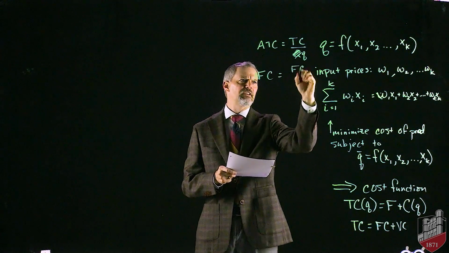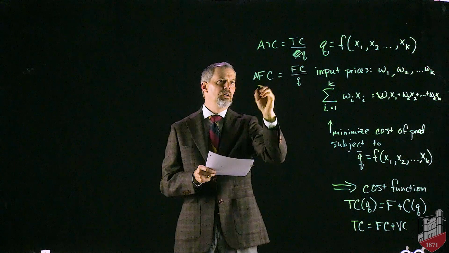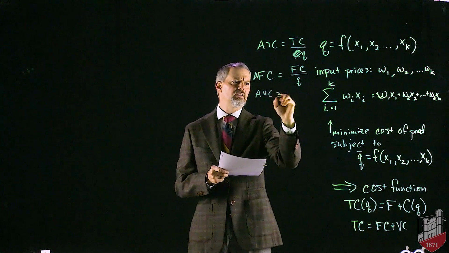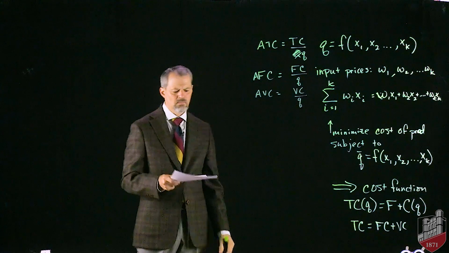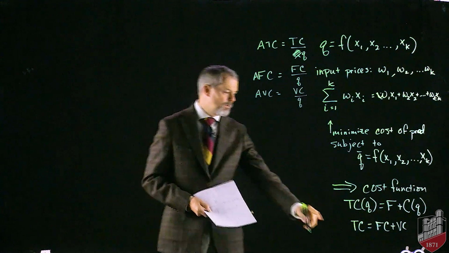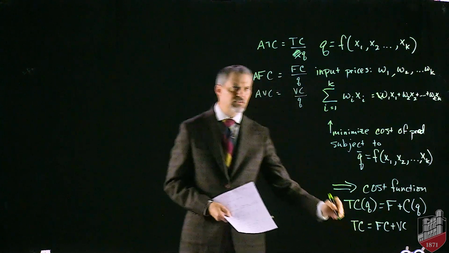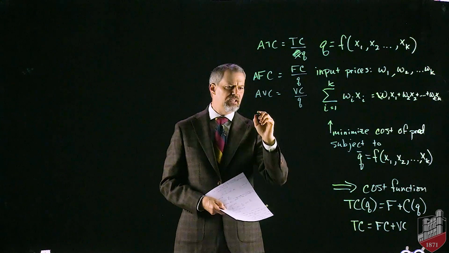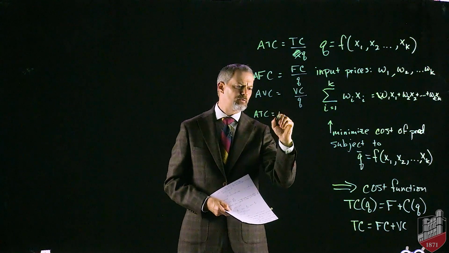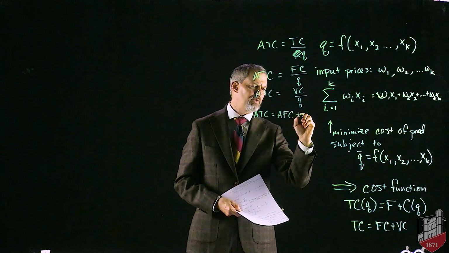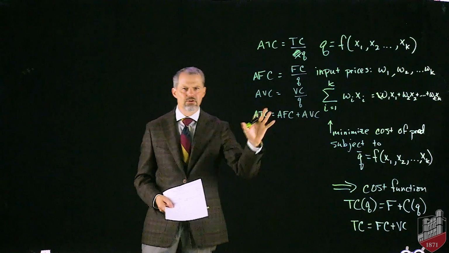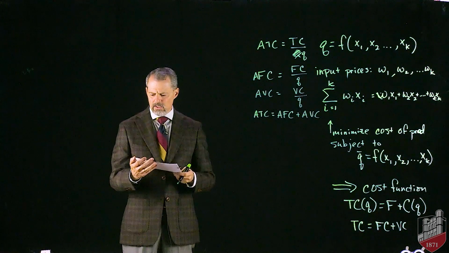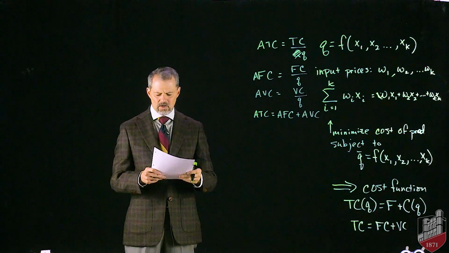That's just equal to fixed cost divided by Q. Average variable cost, that's equal to variable cost divided by Q. We can take this and convert it to averages, we get that average total cost is equal to average fixed cost plus average variable cost. So all of those are things that you already know from studying the costs of production.